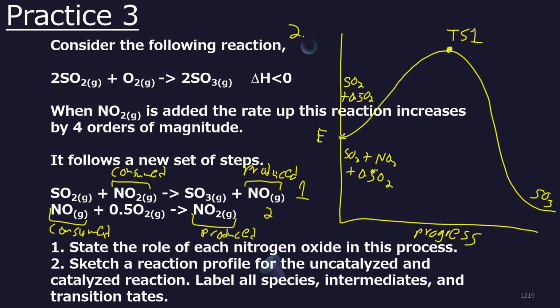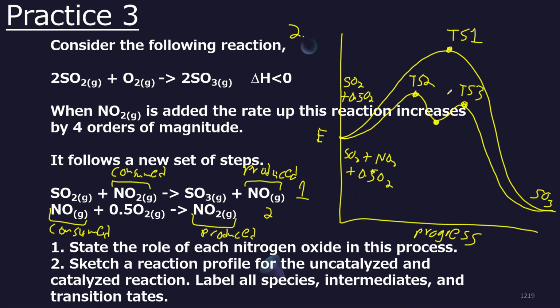This energy represents the energy that all these three things are at. So this will go up to one transition state, down to an intermediate, up to another transition state, and then down all the way to the products. Okay, so we've got intermediate there, transition state there, and transition state there. We can call these transition state 2 and 3, maybe.